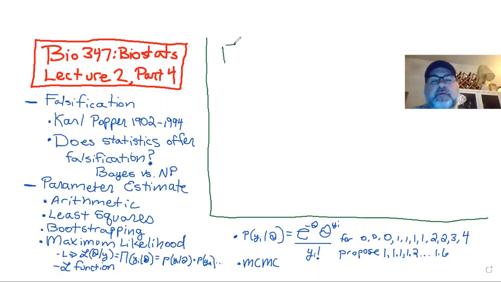So falsification has been around, the idea of testing our hypotheses. But it really wasn't until a philosopher of science came along and said, yeah, this is how we do science. We falsify hypotheses.